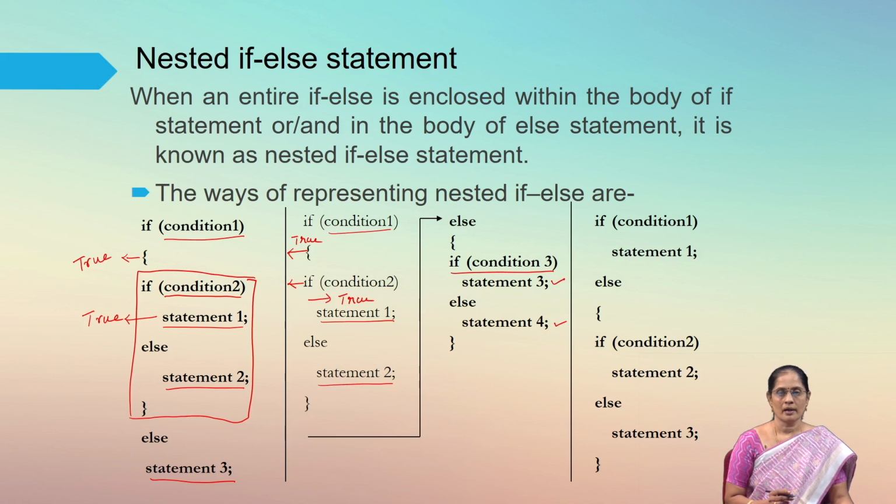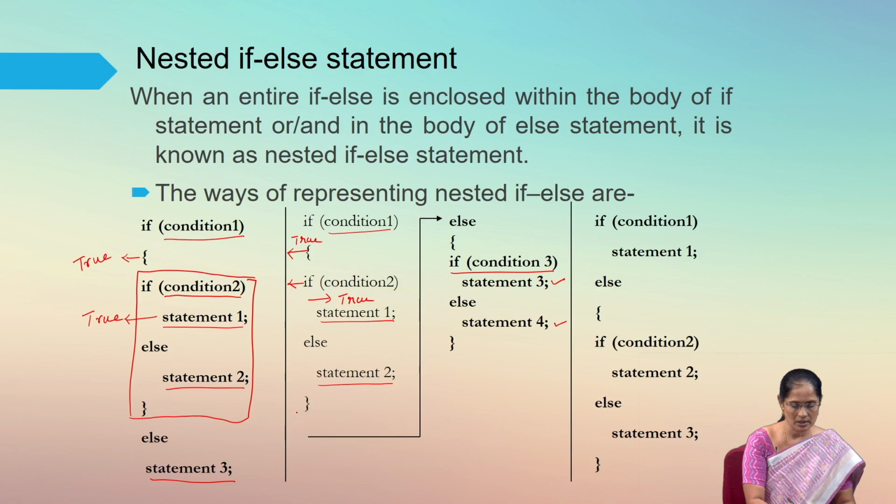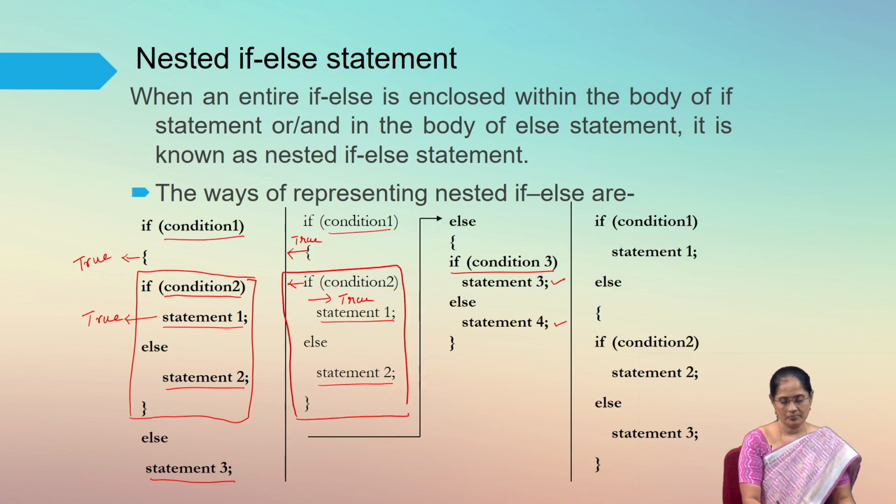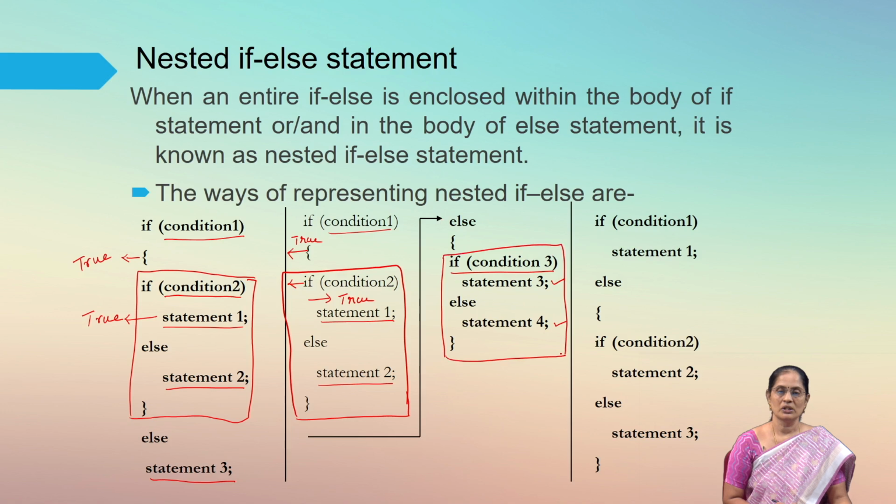So, here there are two if else statements, enclosed within the if block as well as within the else block. I can see that this complete if else statement is enclosed within the if block when condition 1 becomes true, and a complete if else block is nested within the else statement, that is, if condition 1 fails.